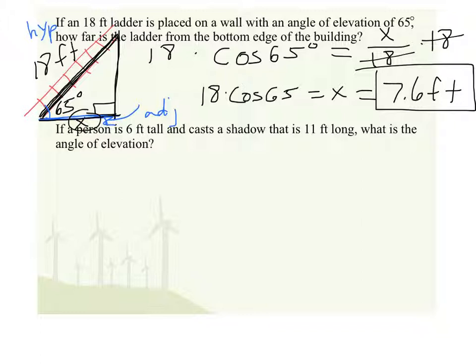Example 2 says that if a person is 6 feet tall and casts a shadow 11 feet long, what is the angle of elevation? So here's my person. It's not a very good drawing, just a little stick figure.